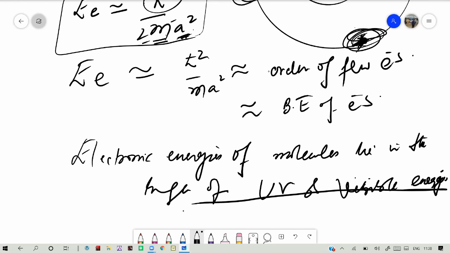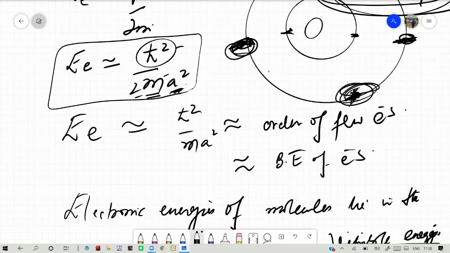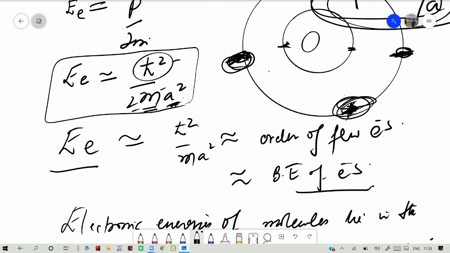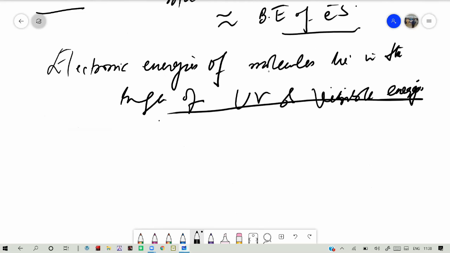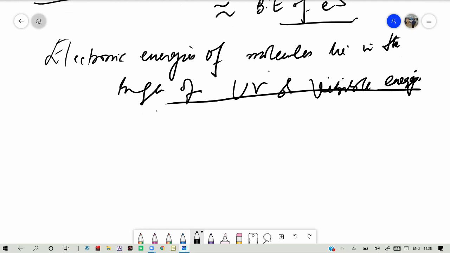So the few electron volts, that is the range of the UV energy region spectra, UV spectra, and the visible spectra. So those energy ranges are of the order of electronic energies of the molecules. So this is one case when we have simple electronic energies of the molecules.